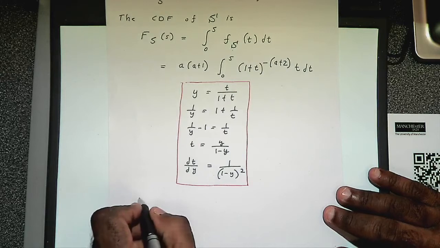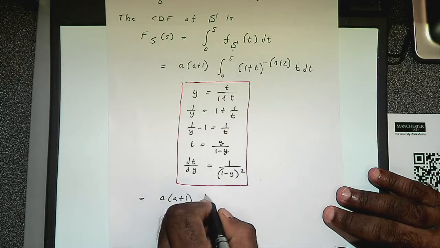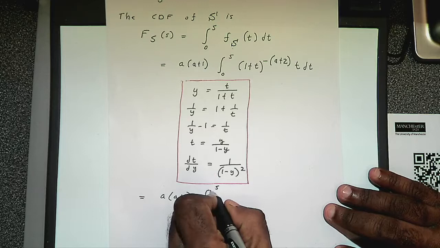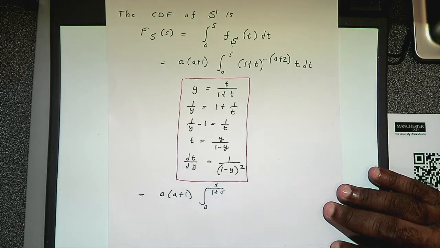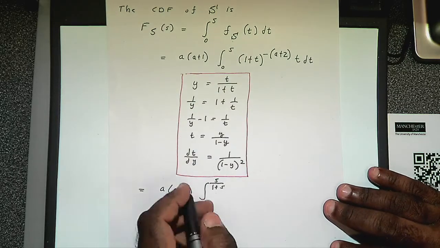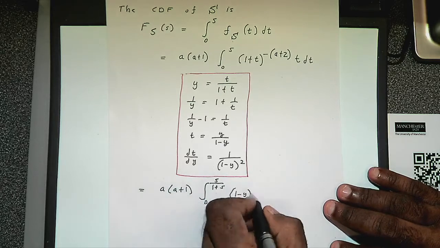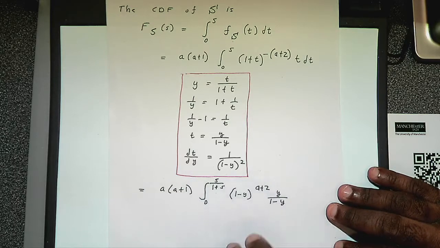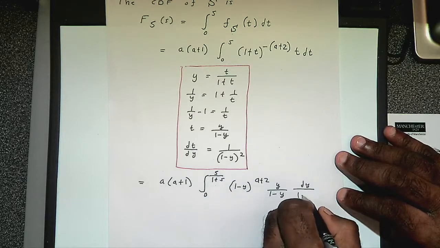If you sub this into the integrand, you get a times a plus 1. The limits of integration will go from 0 to s divided by 1 plus s, and 1 plus t will become 1 minus y to the power a plus 2, and t will be y divided by 1 minus y, and dt will become dy divided by 1 minus y squared.